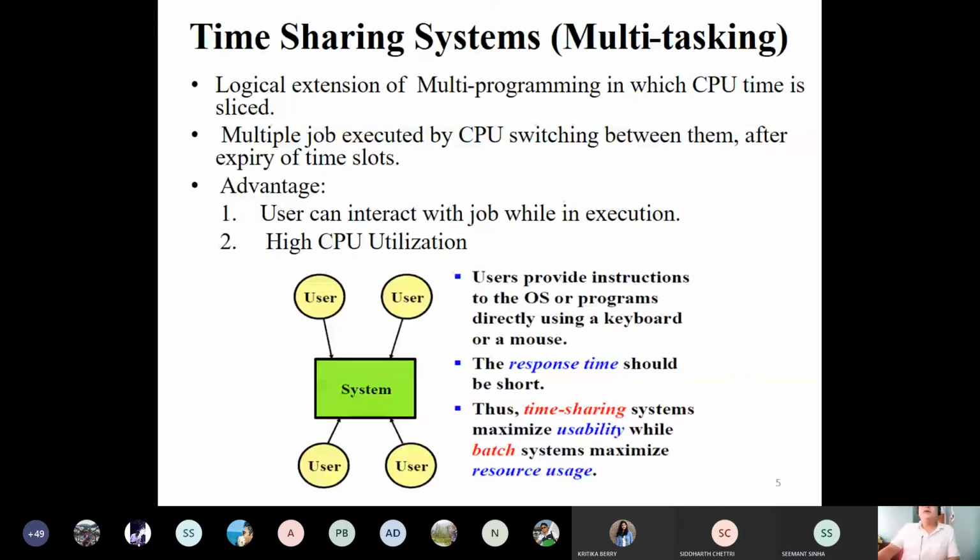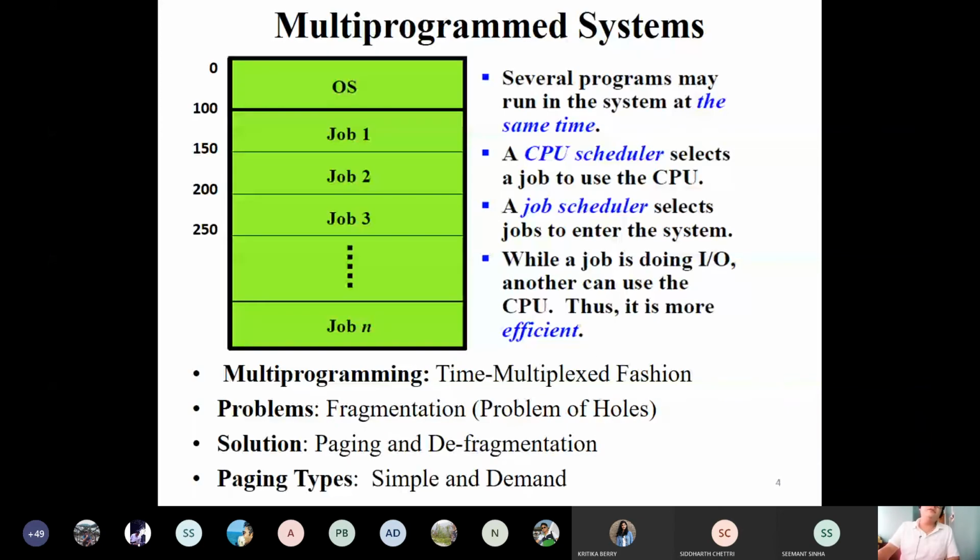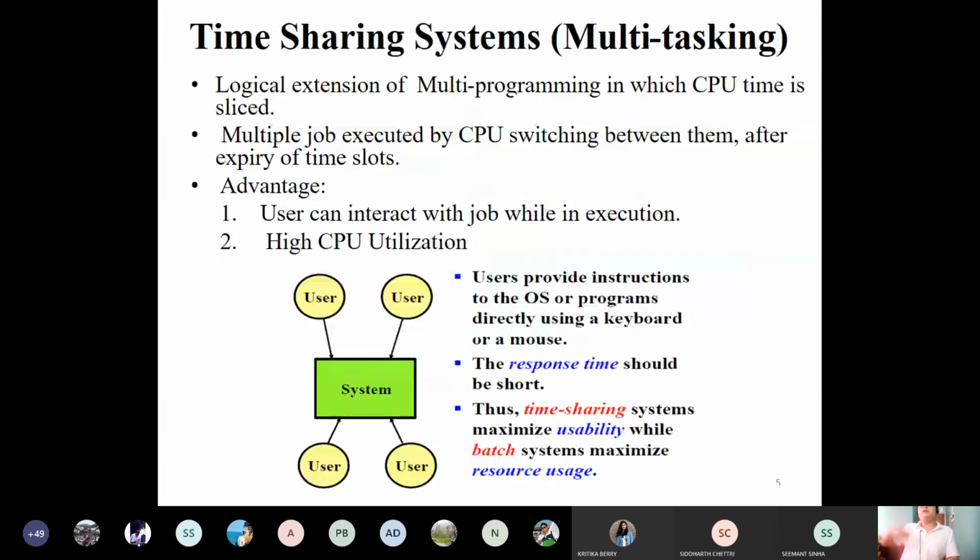Time sharing system. The time sharing system is also known as a multitasking system. It is the logical extension of the multi-program OS. It looks similar to the diagram of the multi-program OS, but the difference is the CPU time.